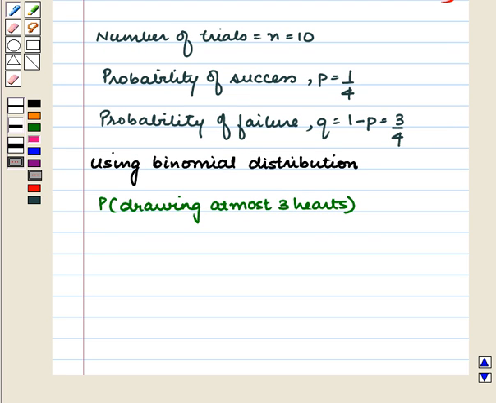Using binomial distribution, the probability of drawing at most 3 hearts, that is x less than or equal to 3 successes, is probability of x less than or equal to 3 equal to the summation of nCx p raised to power x q raised to power n minus x for x equal to 0, 1, 2, 3. So we can calculate it easily by putting in the values.